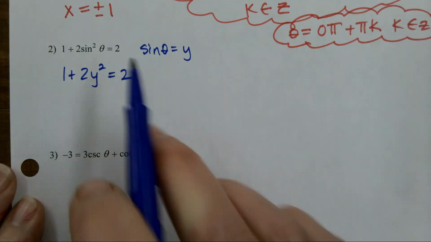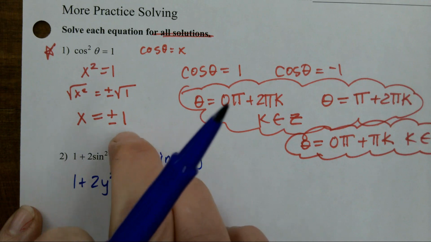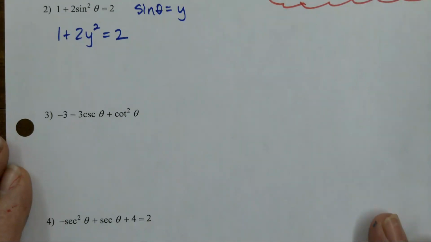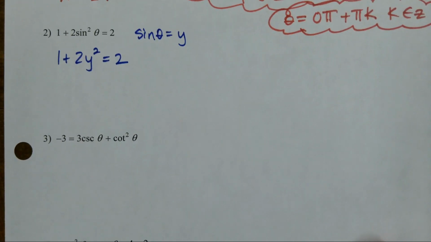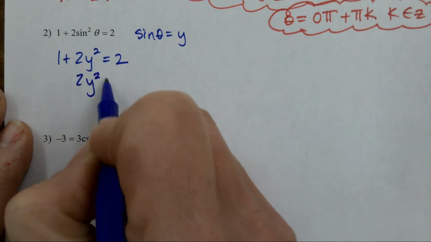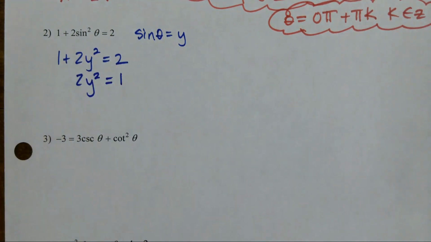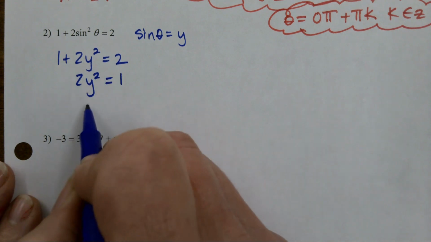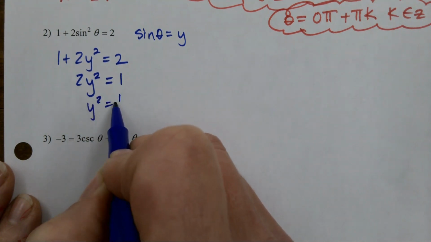So I can set it up similar to 1, where I get the squared on one side and the non-squared on the other side. So this is 2y squared equals 1. Is everybody with me so far? Any questions on that? I cannot take the square root until I get the y alone, so I'll divide by 2, and y squared equals 1/2.